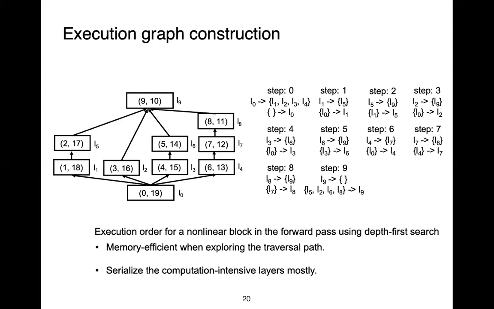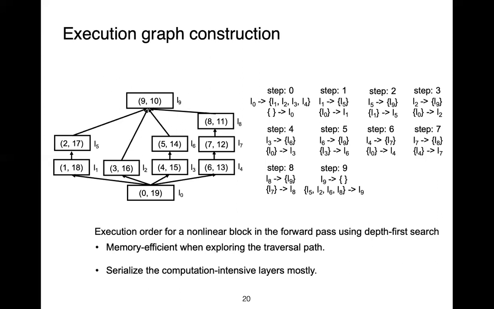Here we use the depth-first search algorithm to design the execution sequences for these nonlinear dependencies. Whenever there is a fork connection, we first explore all the executable layers in this branch. We finish these branches one by one and join their outputs in the end.